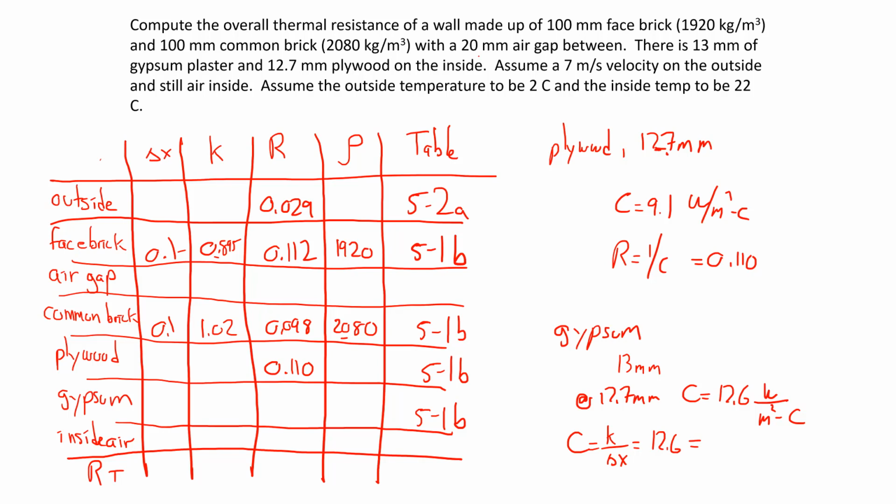Then the last thing is looking at our emittance. If you look at this airspace, it's encapsulated between two brick. And brick you can consider a dark surface, so you could think of the effective emissivity, which is what those last set of numbers in the table are. If you look at the top of the table, it starts at 0.03, 0.05, 0.2, 0.5, and 0.82.